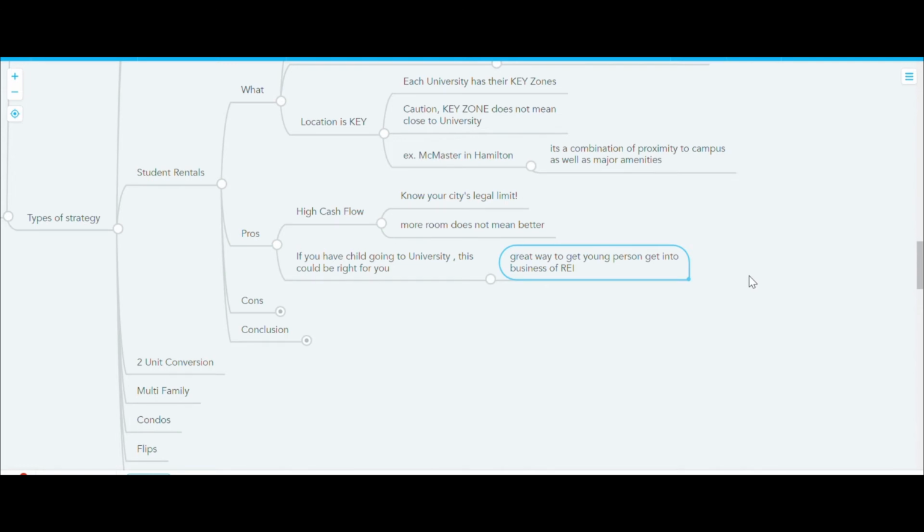I know some parents even have a shared equity with the child. Maybe the child doesn't have a job yet, but maybe they have some cash towards the down payment. So if they can contribute even a little bit, when you sell after the child graduates, you could pay off whatever equity percentage the child owns, to make it a win-win for both of you.